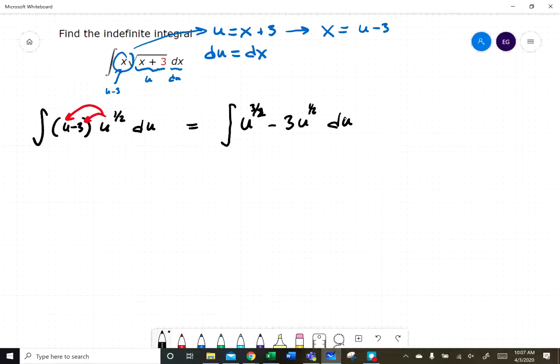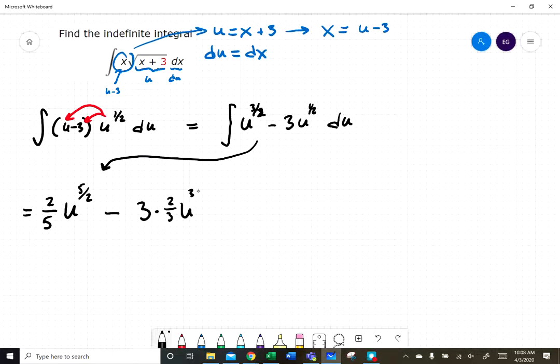Okay, so we can apply now the power rule for integration. And let's come back down here. So that should equal 2/5 u to the power 5/2, and minus, well, we got a 3 times 2/3 u to the power 3/2, and plus c, but we'll just add the plus c, the constant of integration, at the end.